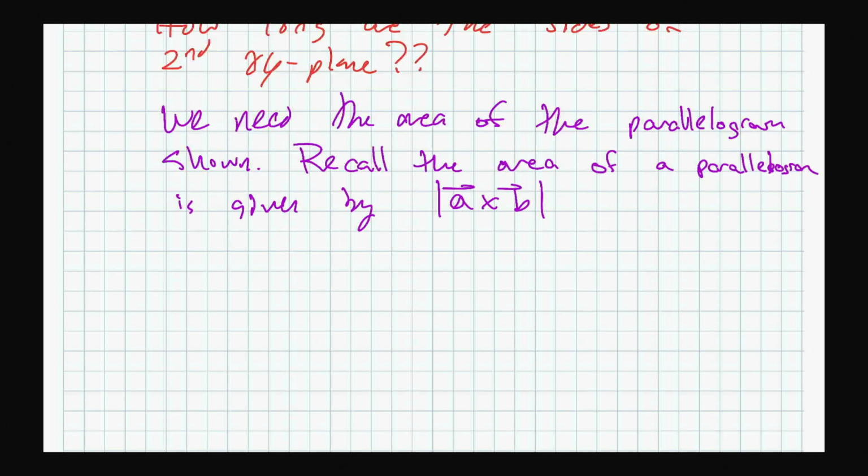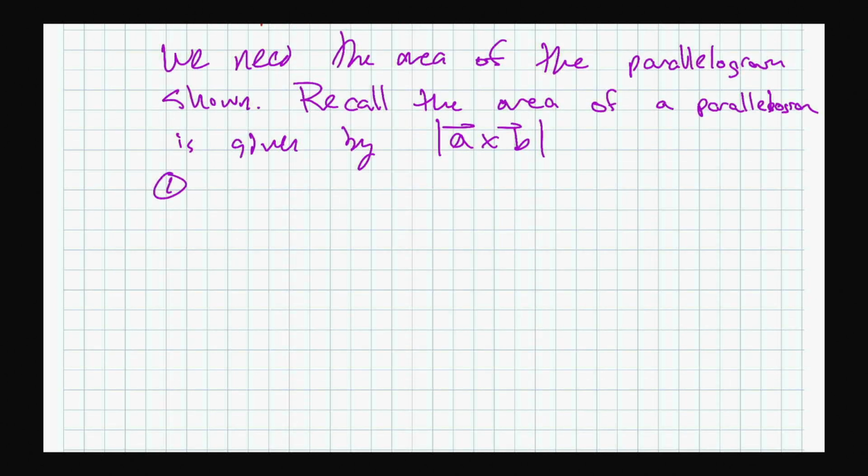So for us, what we're going to do is take our parallelogram vectors, right?